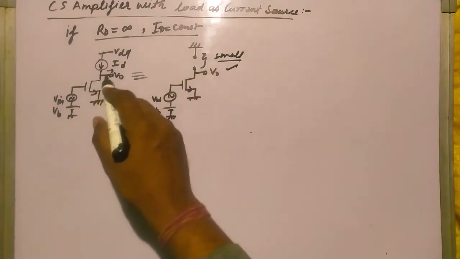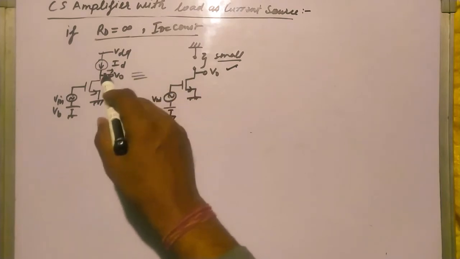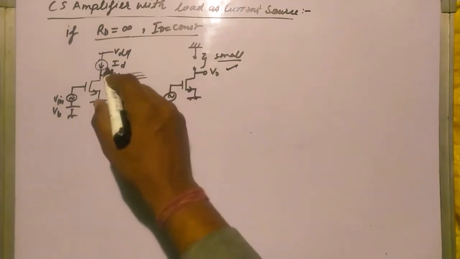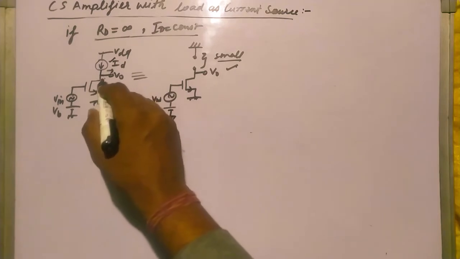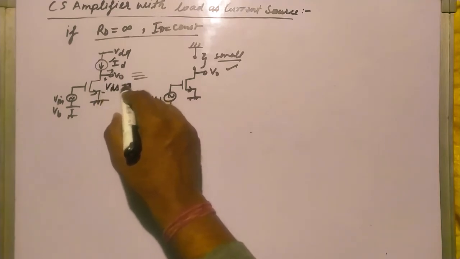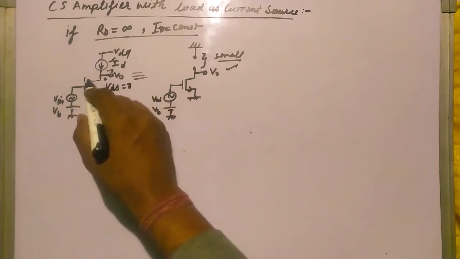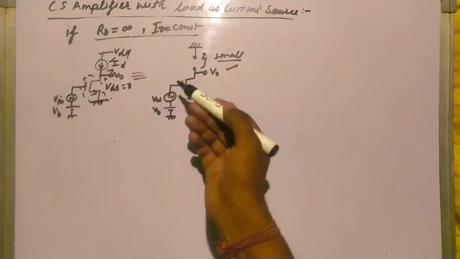If I am using it in the normal, not small signal analysis, it is not becoming open circuit; at that time it would give VDS equal to 0. So our transistor can go in what region? Triode region, which can be a problem.